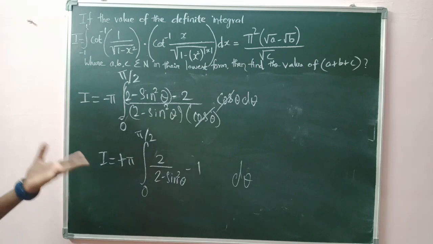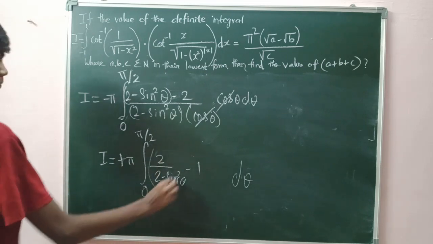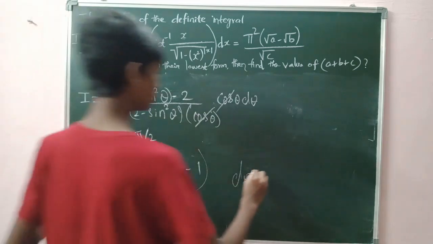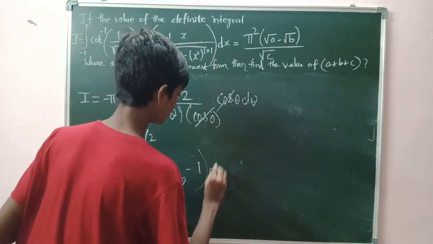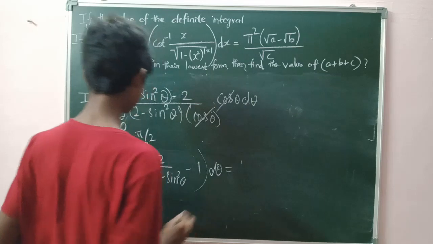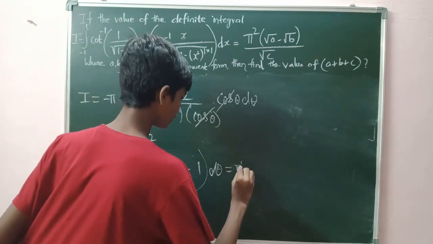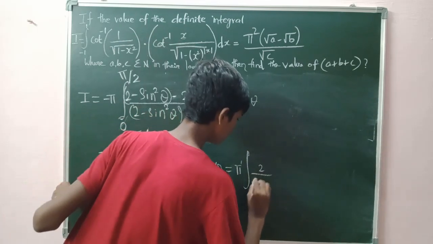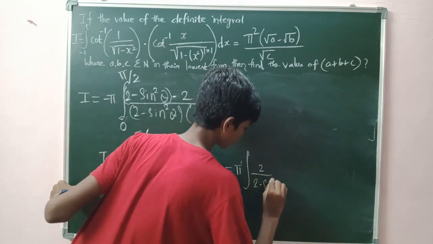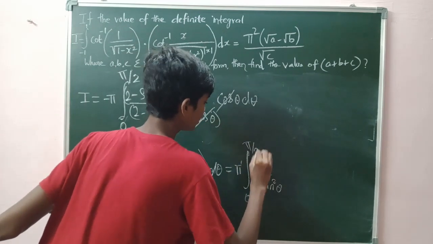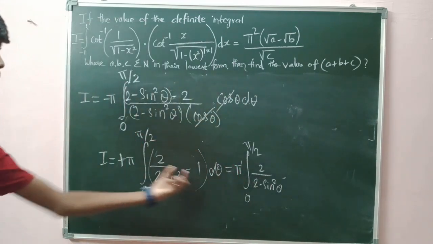Okay, so now just solve it, and it's pretty easy question from now. So I can write this d theta, just separate it out. So pi times of integral of 2 by 2 minus sin square theta. Then minus of, take this pi to the 1.